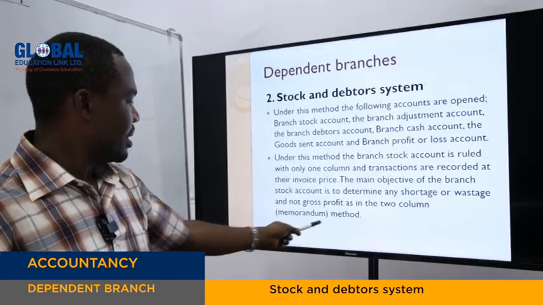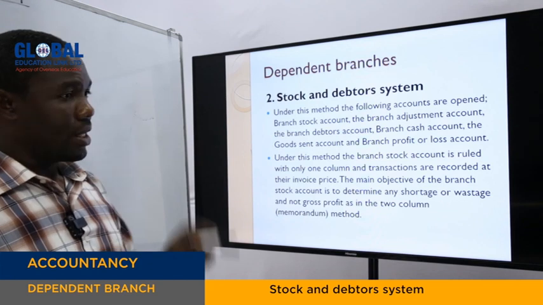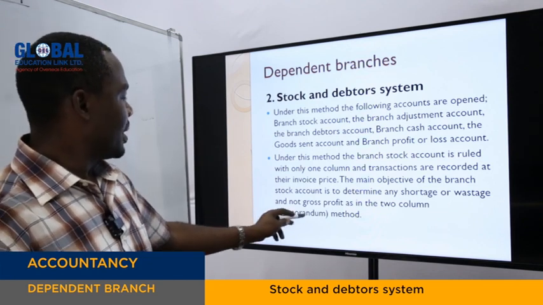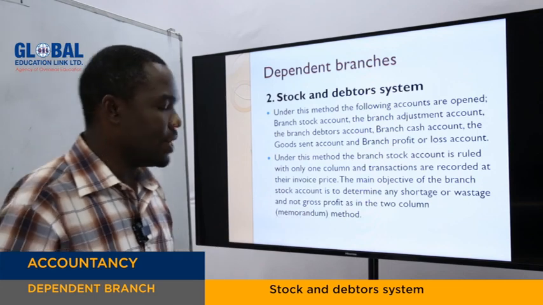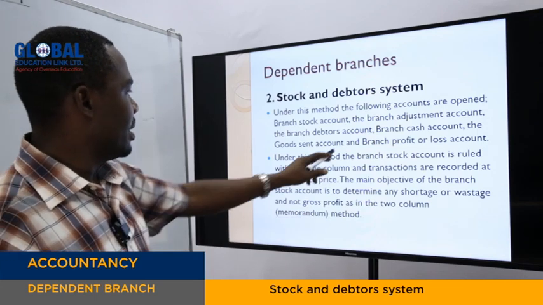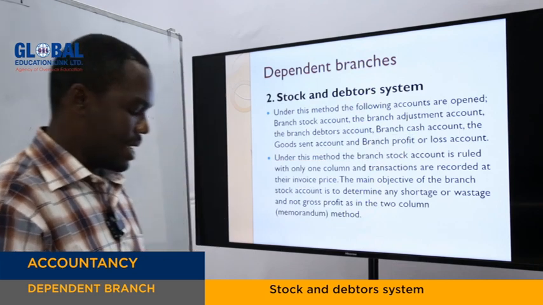Unlike the memorandum method, where the gross profit was determined in the branch stock account under the base column, here the gross profit will be determined in another account, which is the branch adjustment account.